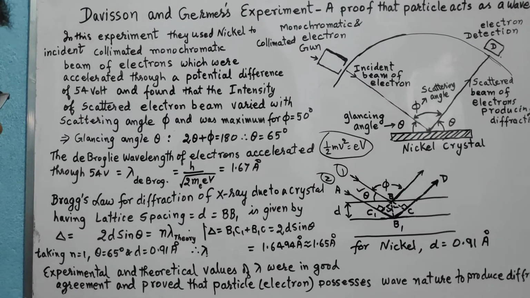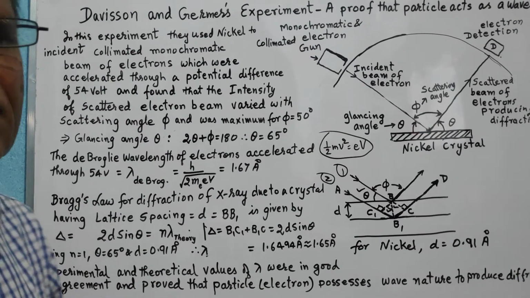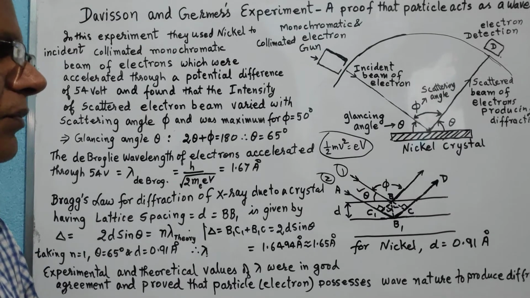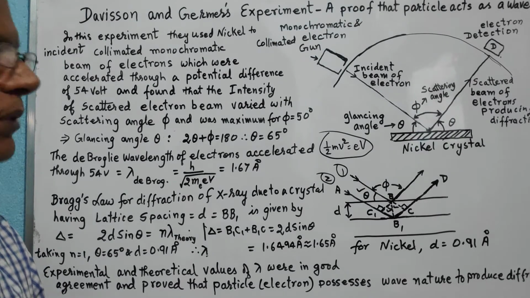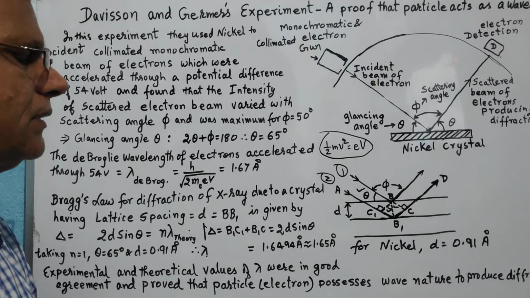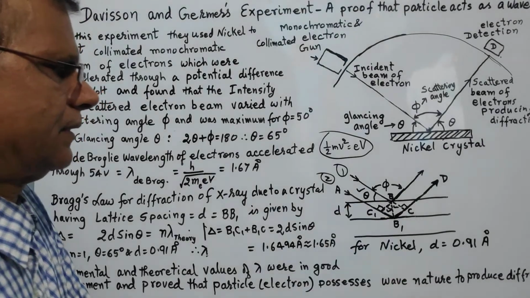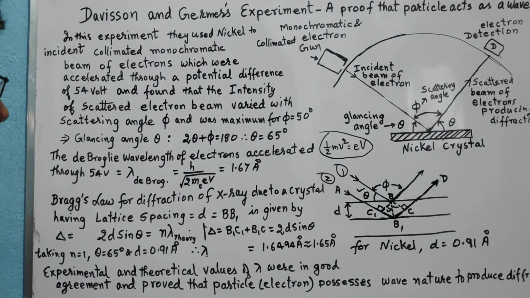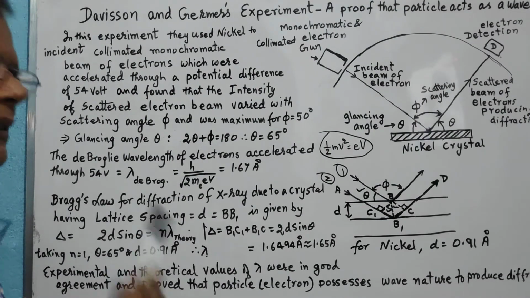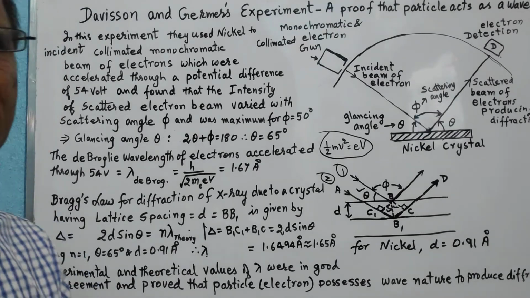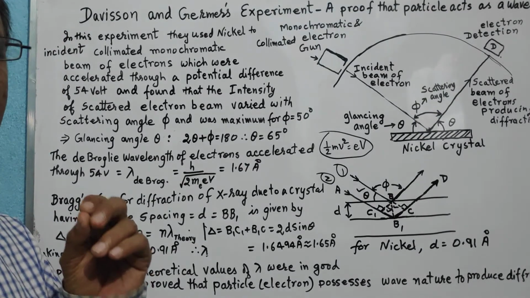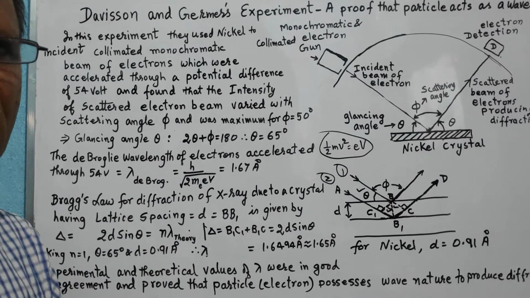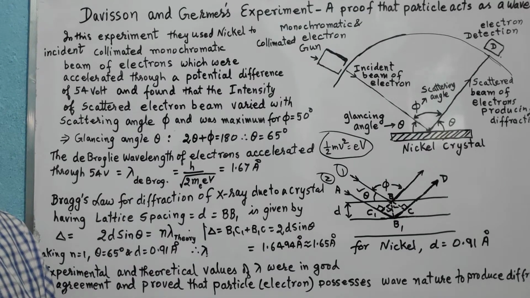Now the diffraction pattern will have maximum intensity when the path difference between these two rays is such that it produces zero phase difference, and that will be the case only when the path difference is an integral multiple of the wavelength. If the path difference is equal to one wavelength, the phase difference will be zero.